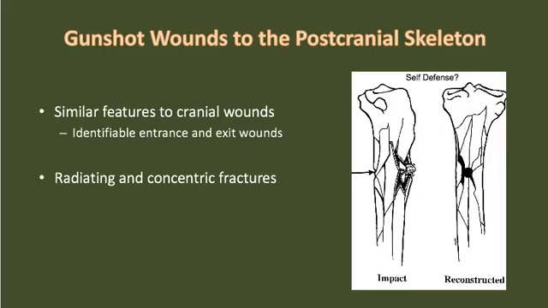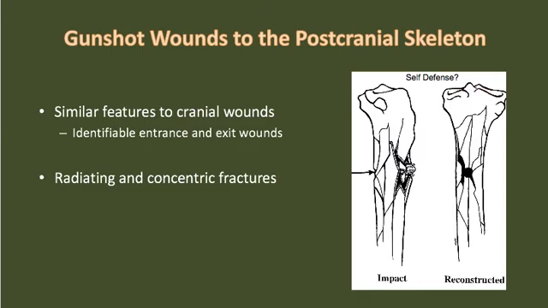Now, if we're talking about the postcranial skeleton, we see similar types of fractures as we see with cranial wounds. Bone behaves really similarly, regardless of what part of the body you're talking about, especially with larger bones. So what we're looking at here is a diagram of a tibia, and we can see that we have a bullet entry wound here. We can also see that we have the radiating fractures, and we have some concentric fractures there as well.